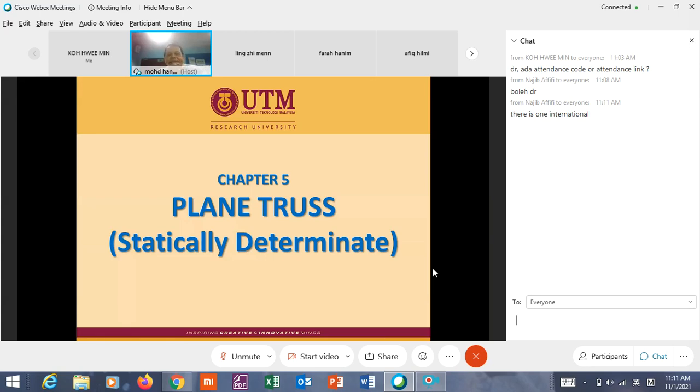Okay, plane truss. Before I continue with this lecture, I hope you still remember what you have learned in your first year, in mechanics or engineering mechanics, because for this lecture or for all the topics, actually the basics have already been taught in first year statics, where we learn about the equilibrium of forces, force and also stress in the last week or last 2 weeks.